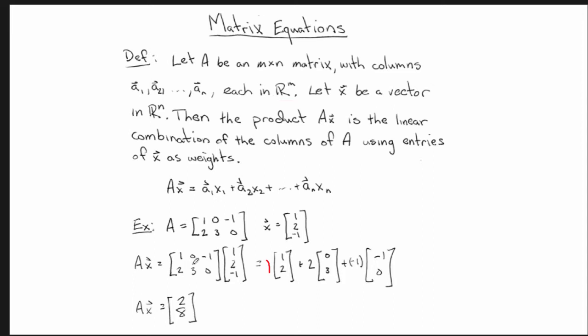So to get the first entry, 1 plus 0 plus 1, which is 2, and the second, 2 plus 6 plus 0, which is 8. This gives us room for the representation.